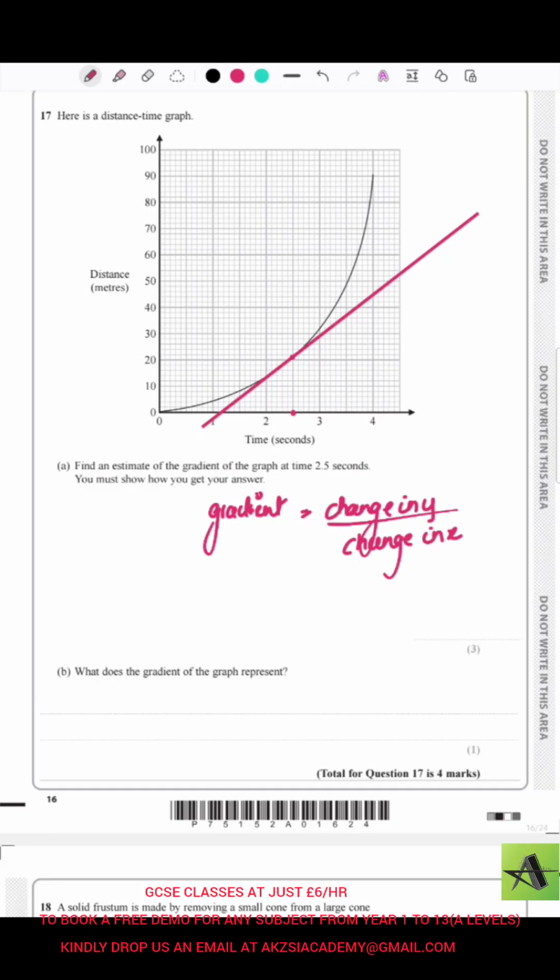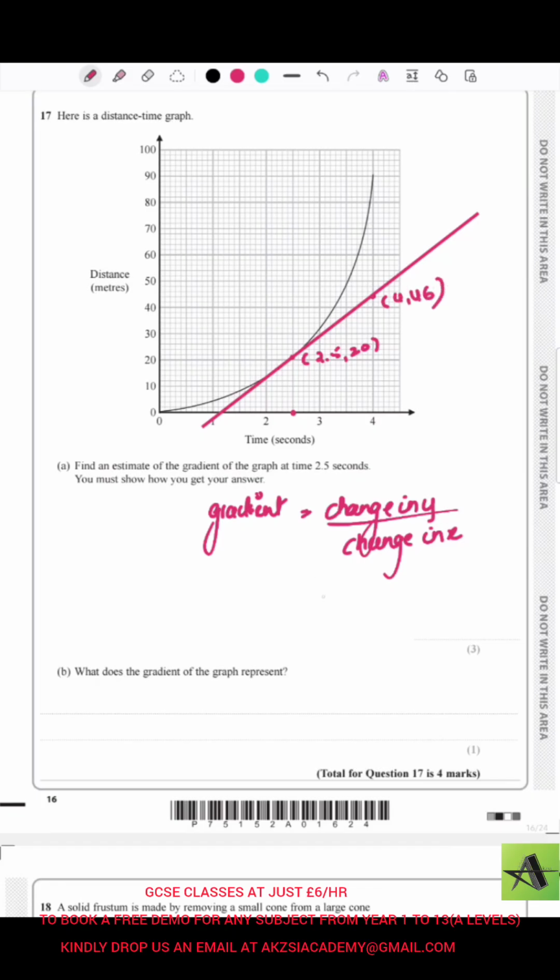I can pick this point, let's say this coordinate is 2.5 comma 20. Well, it's approximately between 20 and 21, so let's say it's 20. And the second one, let me take this one here. This is 4 comma 46.